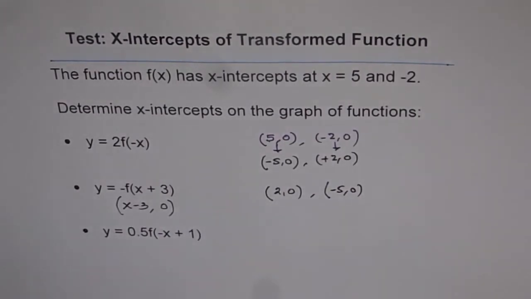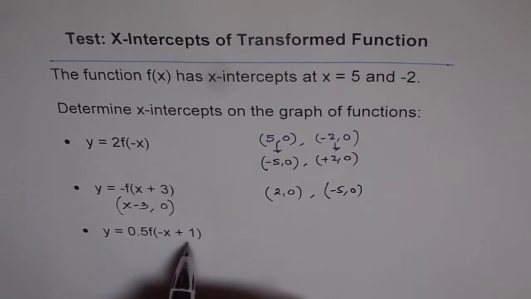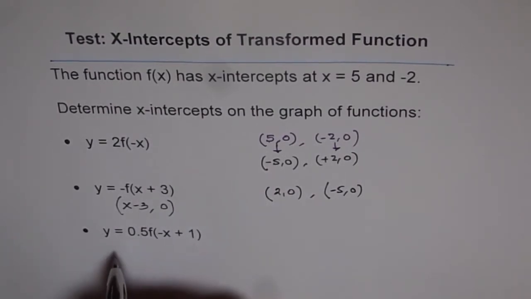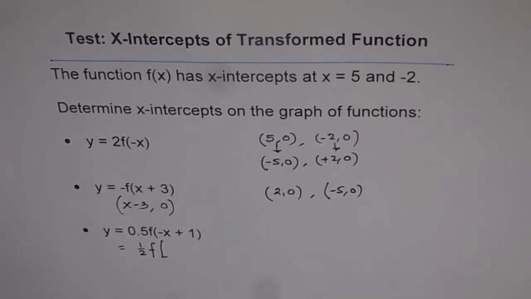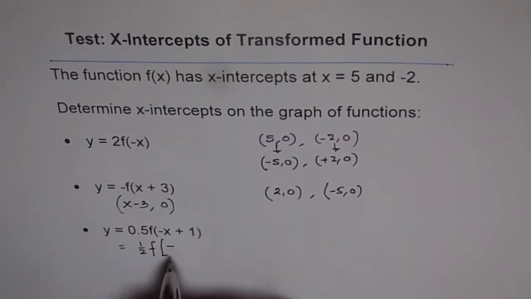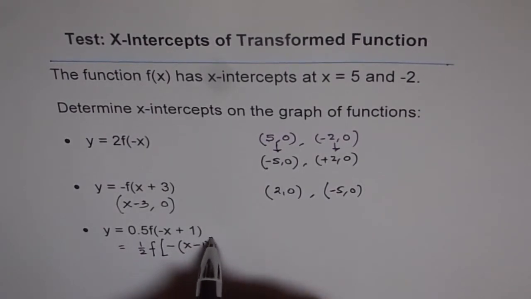Now this one, you need to modify further and write it in a proper way. Let me write it like this: f of, 0.5, write it in fractions, it's easier to visualize, minus, factor out the minus, then you get x minus 1, correct?